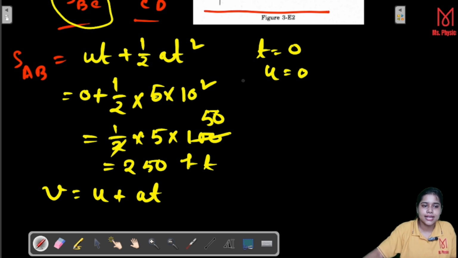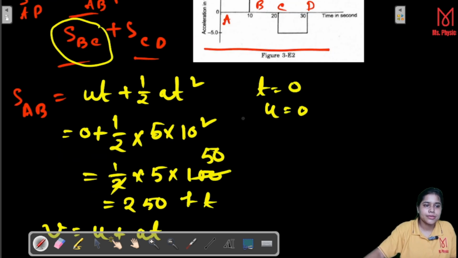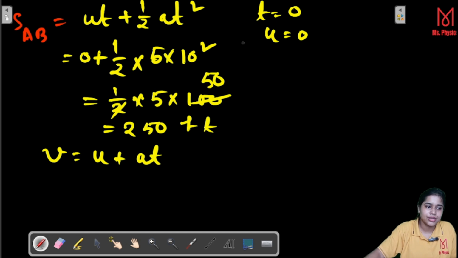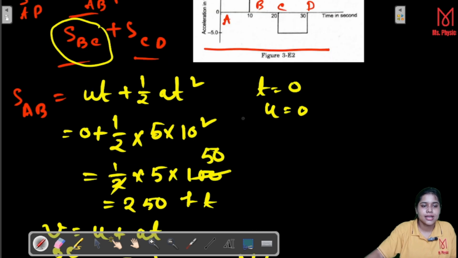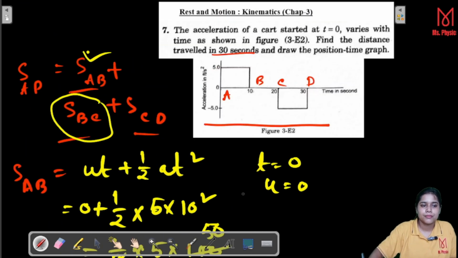Here U is equal to 0. I am giving the name VBC, then it will be better for you to understand. VBC is equal to U plus AT, where U is 0, A is 5 and time t is 10, so it is 50 feet per second. This is the velocity with which the particle goes from B to C.